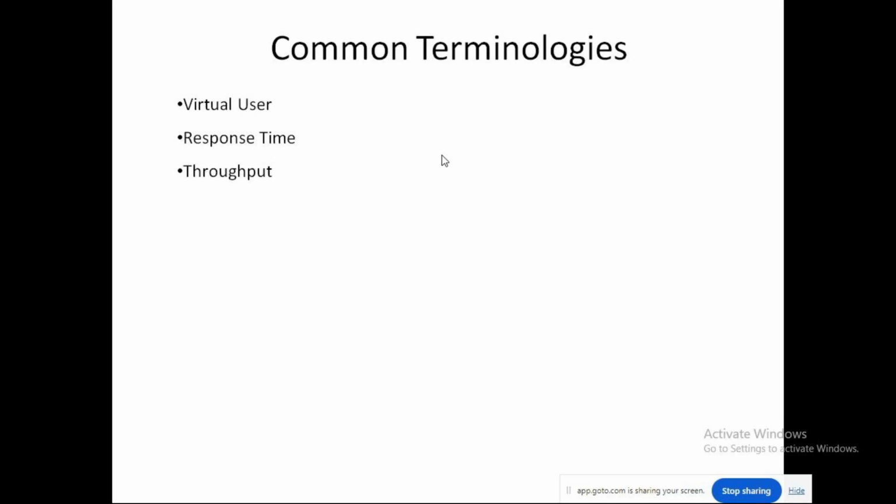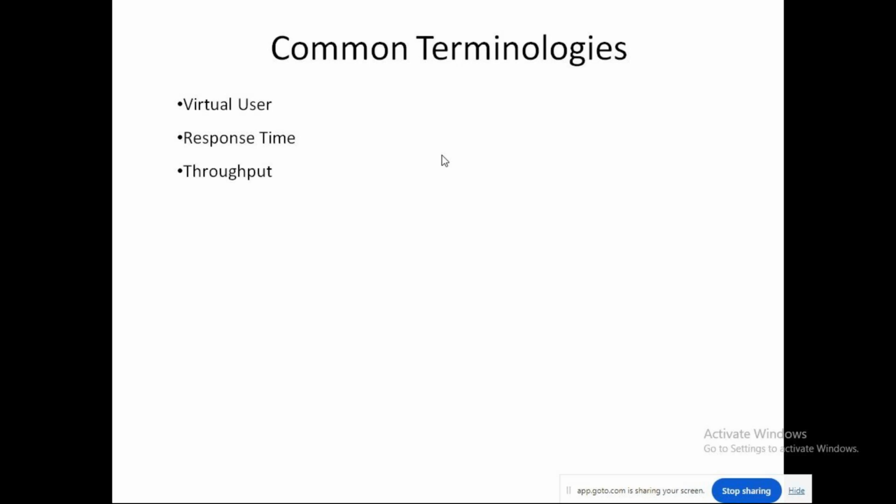Throughput, another important factor, guys, or parameter. What is throughput? Whenever different users are using an application, a web application, web services, or a mobile application, they are doing some transactions on the application.